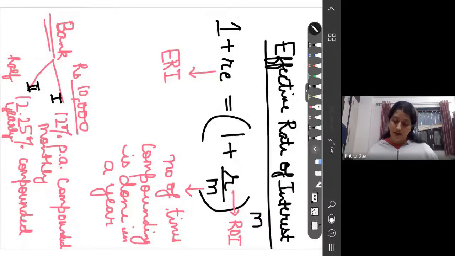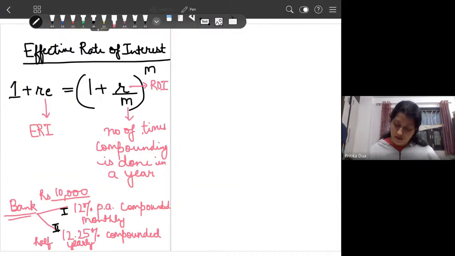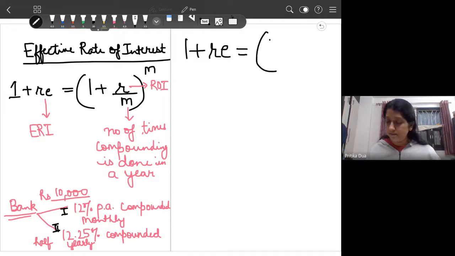So in this case, when 12% is compounded monthly, how do we calculate the effective rate of interest? 1 plus RE, and this will be raised to the power 12. This will be the effective rate of interest for the first option.